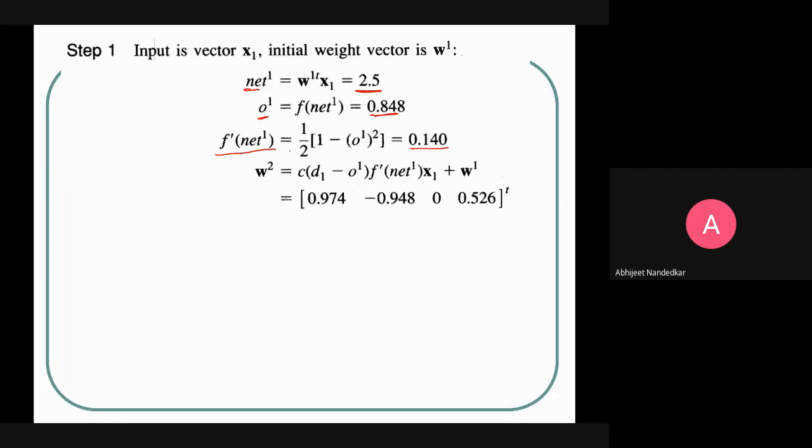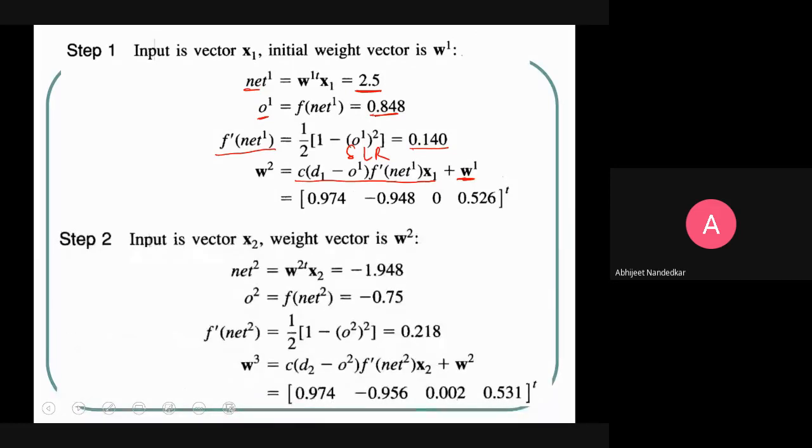So this is my first computation for change in weight. Now I update the weight using delta learning rule. So this is the delta learning rule: C into D minus O into f dash of net x. So if I substitute proper values and then add to my initial guess, I get W2. Now I take this W2 in next step here and take second training sample.